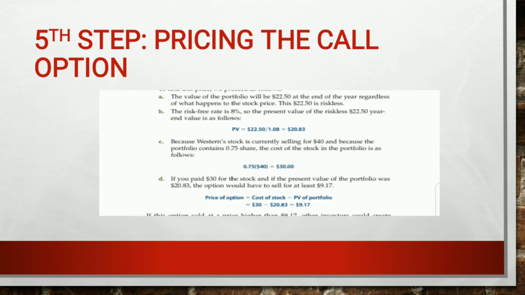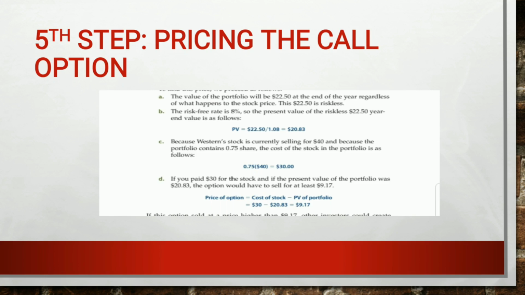And then, because Western's stock is currently selling for $40 and because the portfolio contains 0.75 share, the cost of the stock in the portfolio is as follows. We're going to multiply 0.75 share by $40. So we have $30 cost of the stock in the portfolio. And then lastly, if you paid $30 for the stock and if the present value of the portfolio was 20.83, the option will have to sell for at least $9.17.